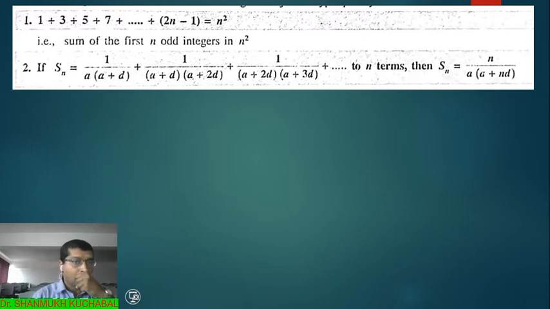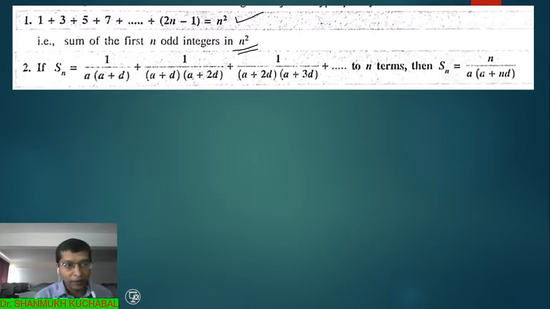This is the sum of odd terms. The first term is 1, next is 3, 5, 7. So the last one is an odd number, it is represented by 2n minus 1. If I add all these numbers, we get the answer n square. That is, the sum of the first n odd integers is given by the expression n square.